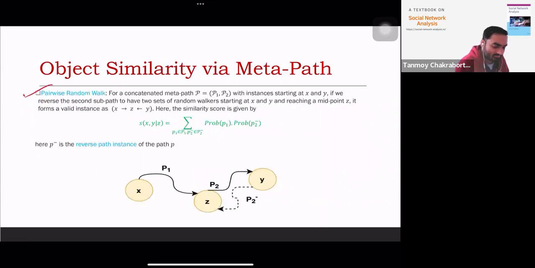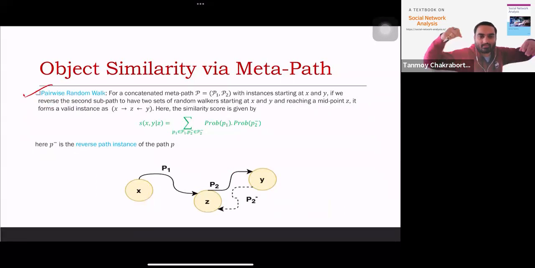The third approach is something called pairwise random walk. What is pairwise random walk? It is basically saying that, let's assume that there are two random walkers, one starting from X, other starting from Y. What is the probability that both the random walkers meet at an intermediate node which is Z?